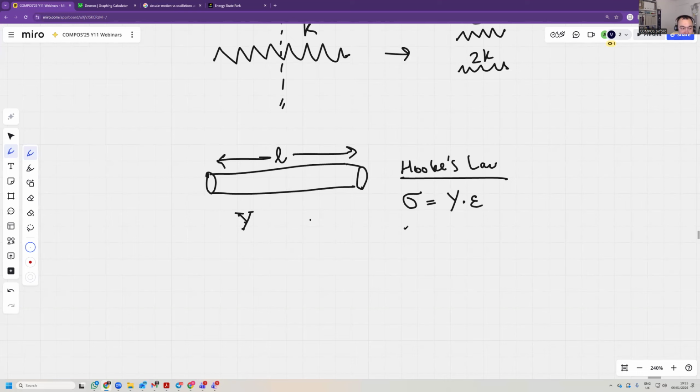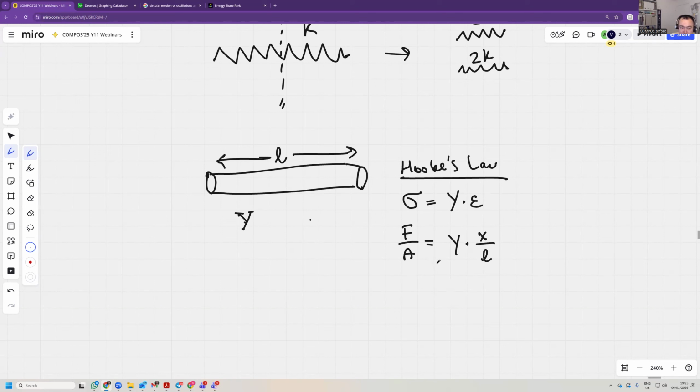But stress is force divided by cross-sectional area, and it equals the Young's modulus multiplied by the extension x divided by the original length.